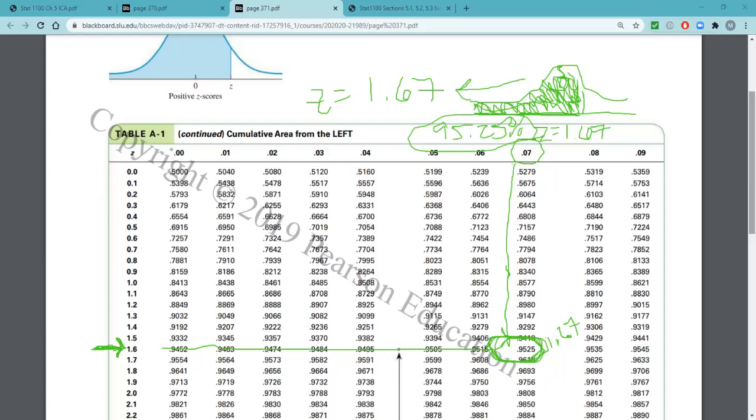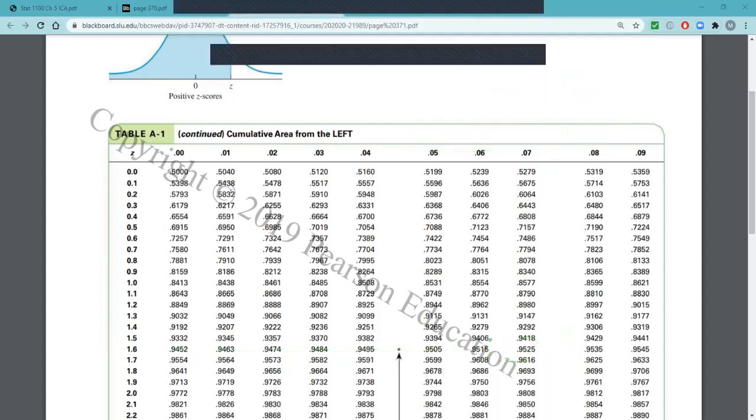I'm going to go back to our note page and get a couple more examples out here. Actually, before I do that, I'll just use this table and come up with a couple examples while we're at it.